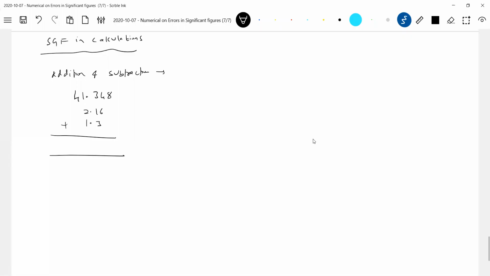Of the three quantities I'm adding, 1.3 has the least decimal places, right? How many are there? One. So what are the numbers to be dropped off?